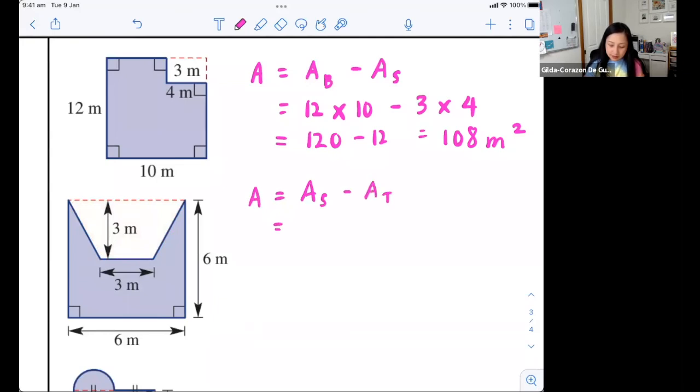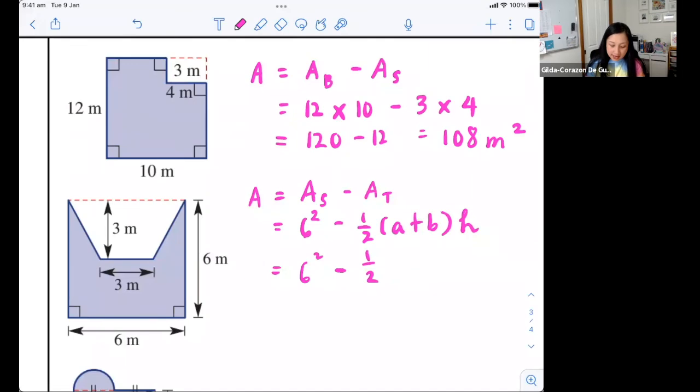It's simply 6 times 6, or even say 6 squared, minus the area of the trapezium we found out a while ago was half times A plus B multiplied by H, right?